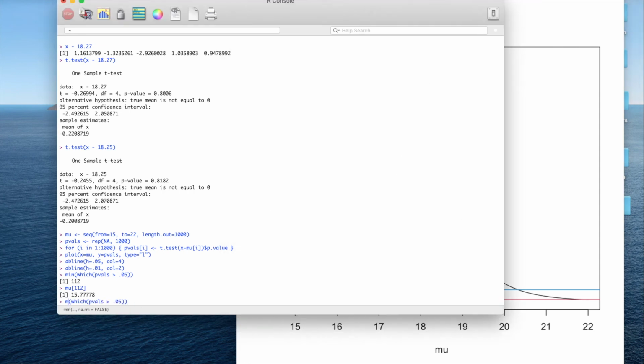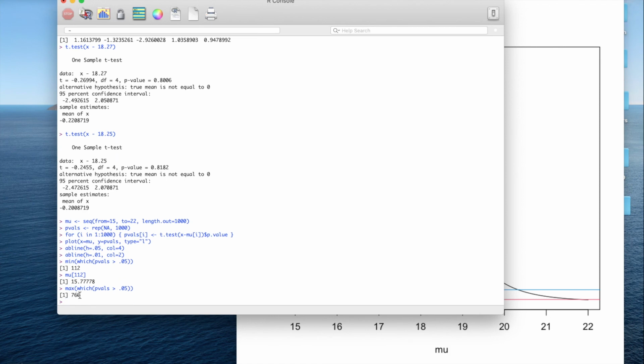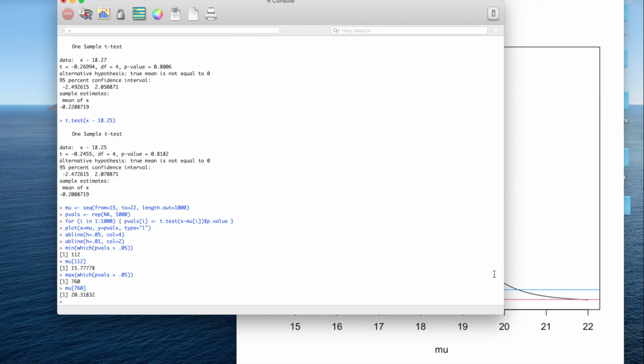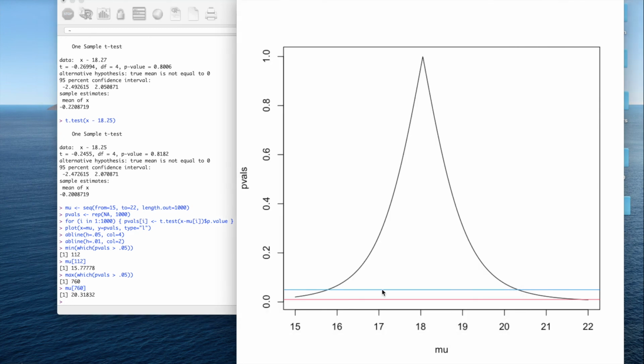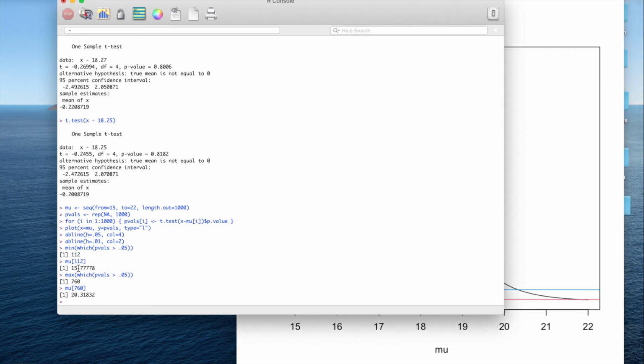If instead of the min I ask for the max, I get 760, and the corresponding value of mu is 20.32, which we also saw on the graph. This range of values from 15.78 to 20.32 is quite interesting. They are the null hypotheses that I accept at 5% level.